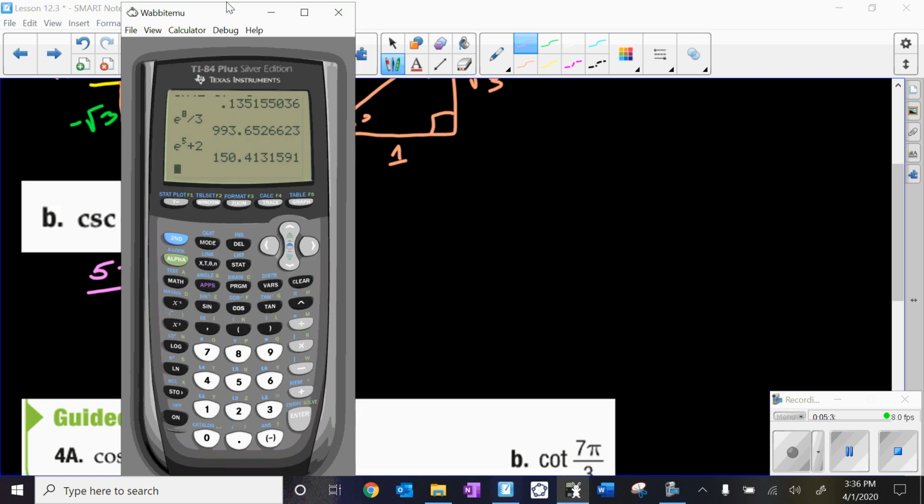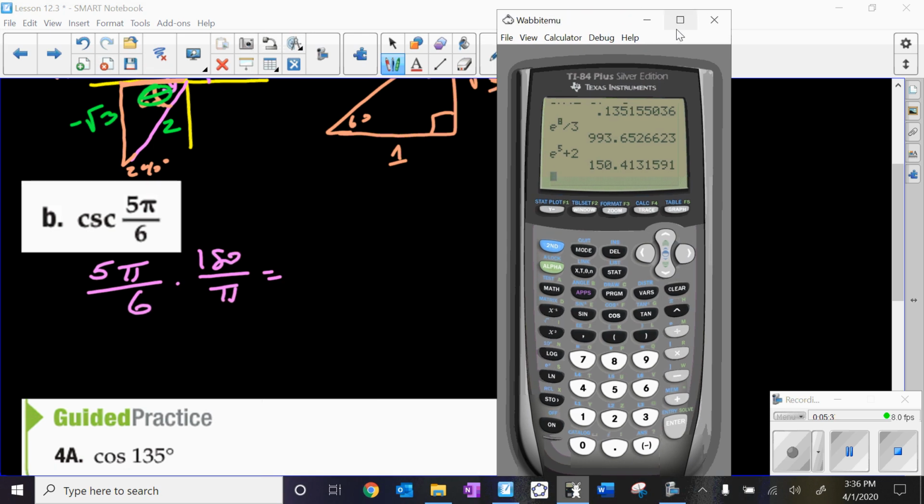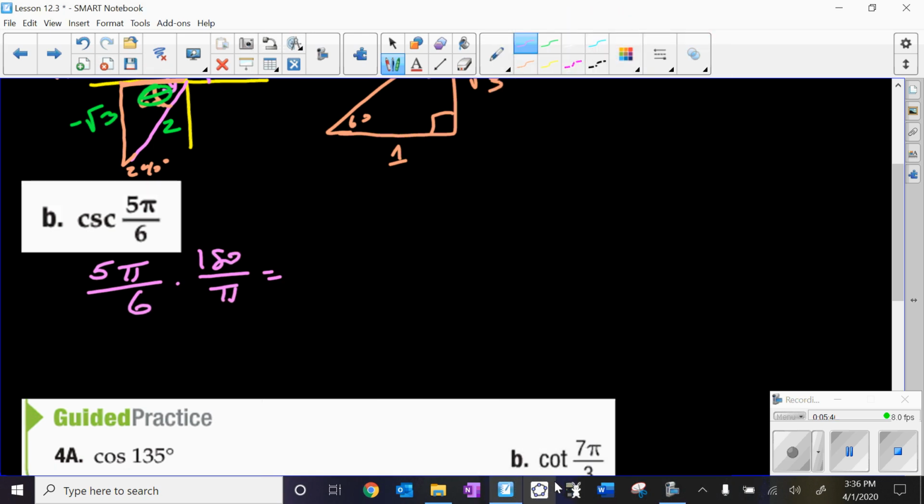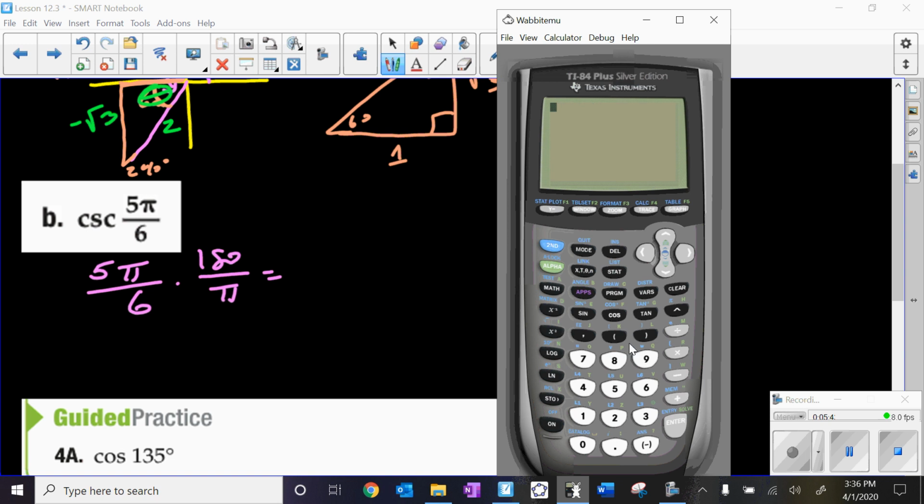Let me get my calculator out here, that way you guys can see how we do this. I'm going to take 5/6 times 180. That gets me a degree of 150.